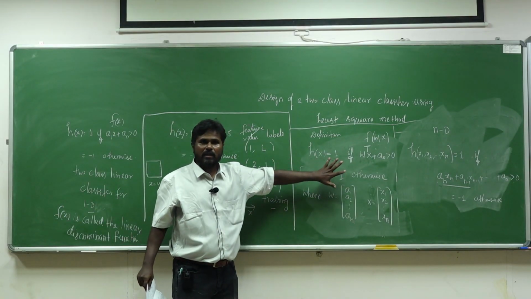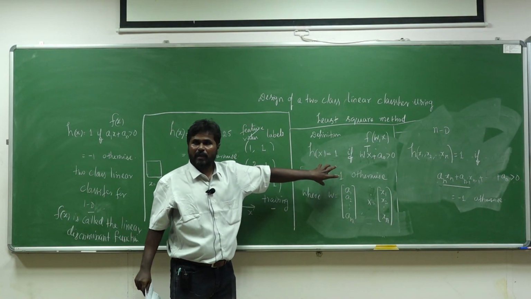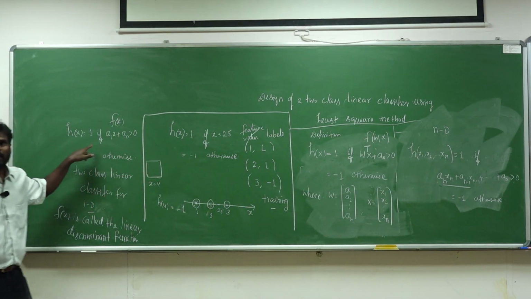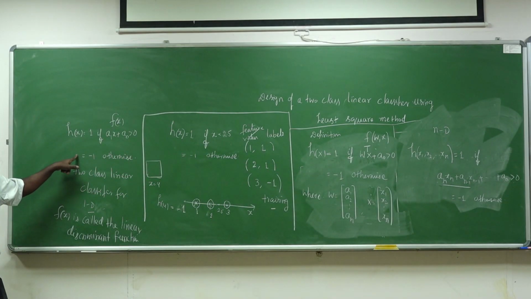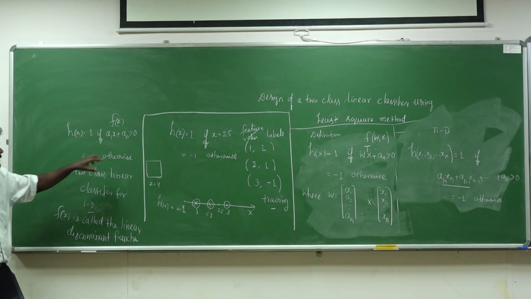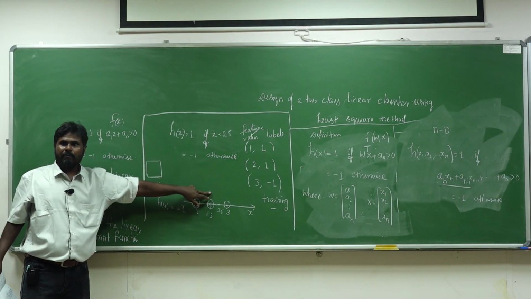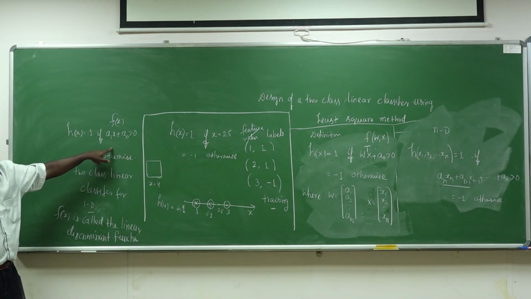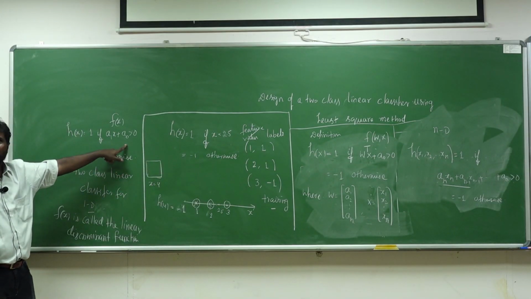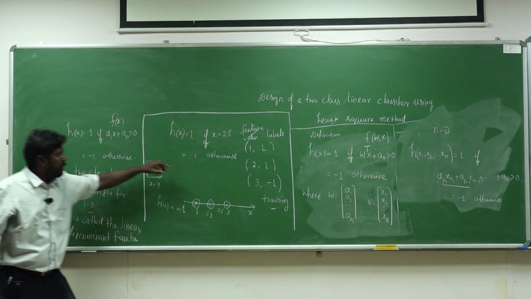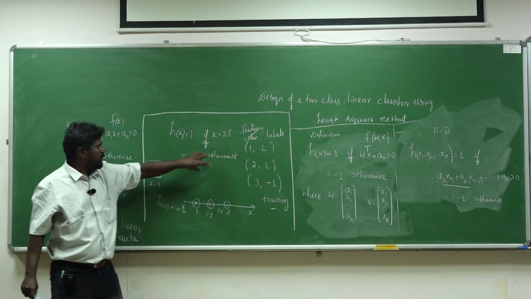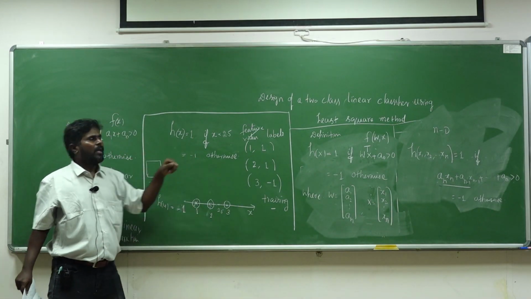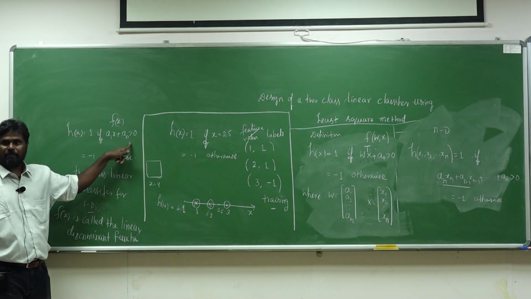This is a general linear classifier for the n-dimensional case. For one dimension, the linear classifier is this. Using this training data, we need to get these parameters. The training of the classifier means getting these parameters.